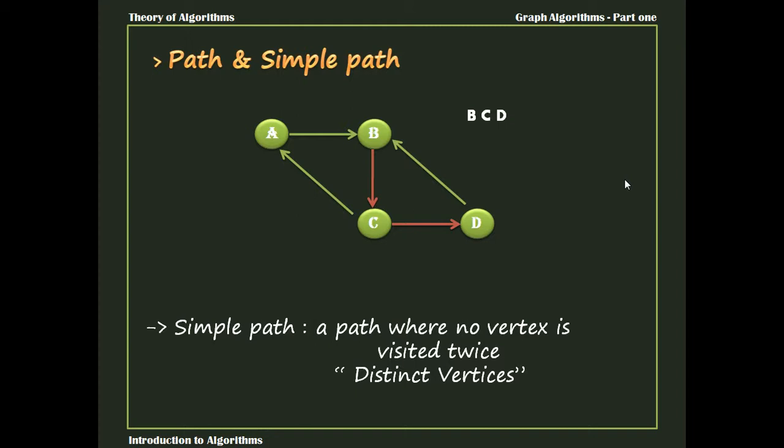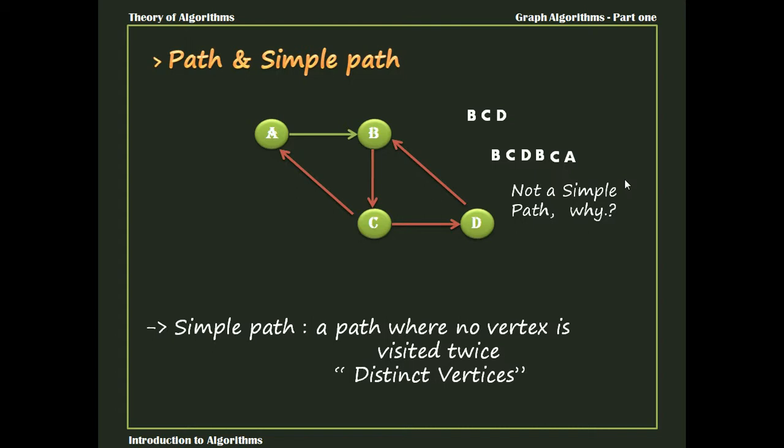A simple path is a path where no node is visited twice, except for the first and last nodes. Check this path, B, C, D, B, C, A. Note that the nodes B and C are visited twice, therefore, this is not considered a simple path.